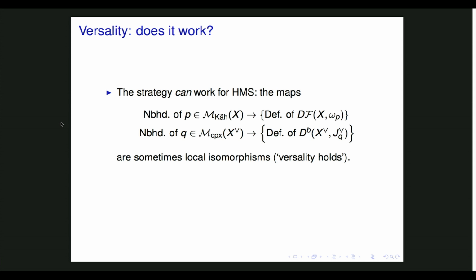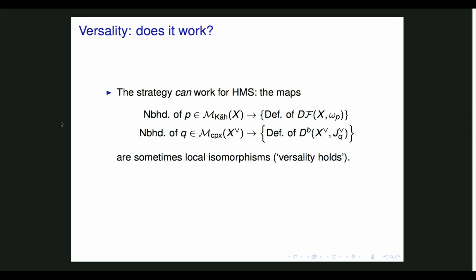However, it can work in order to prove homological mirror symmetry. The map from a neighborhood of P in the space of symplectic parameters, the parameters on which the A invariant, the Fukaya category, depends, into the space of deformations of the Fukaya category is, in a number of reasonable circumstances, a local isomorphism.